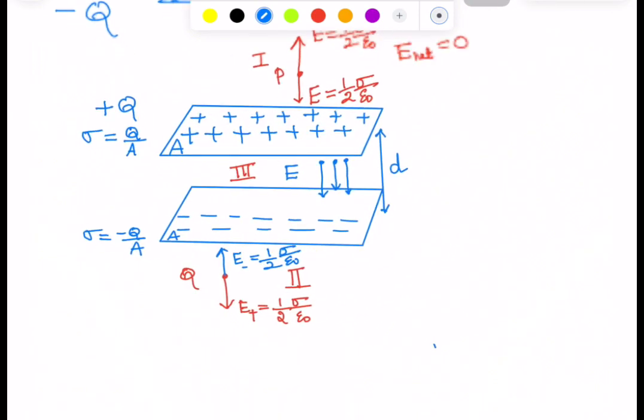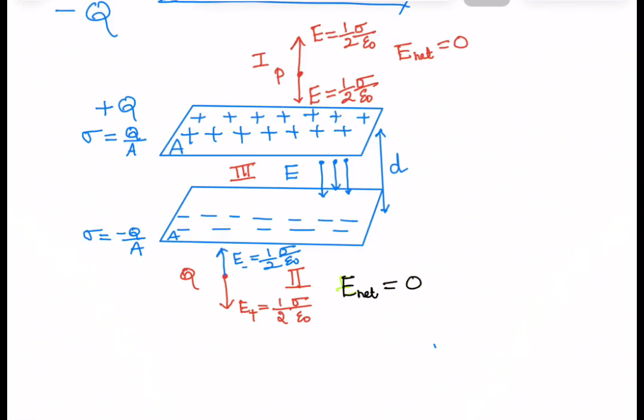Both are equal and opposite and they get cancelled. E net is 0.